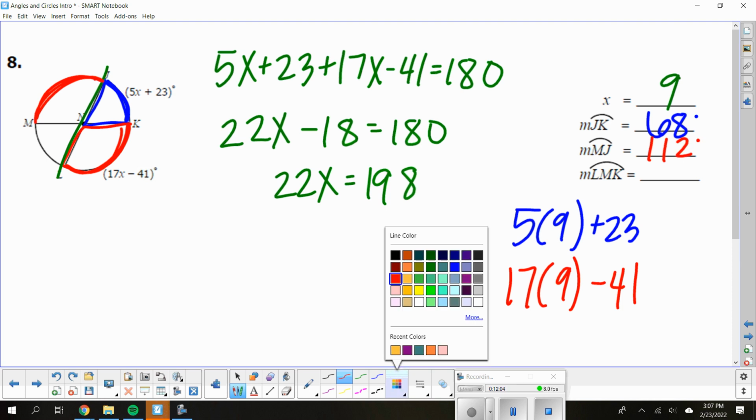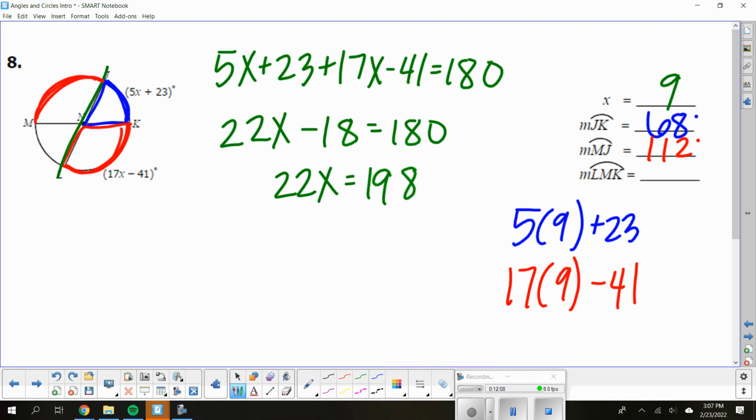And then my last one, L to M to K. L to M to K. That's my blue piece, 68, plus my red piece, 112, plus another blue piece, because we're vertical, for a total of 248 degrees.